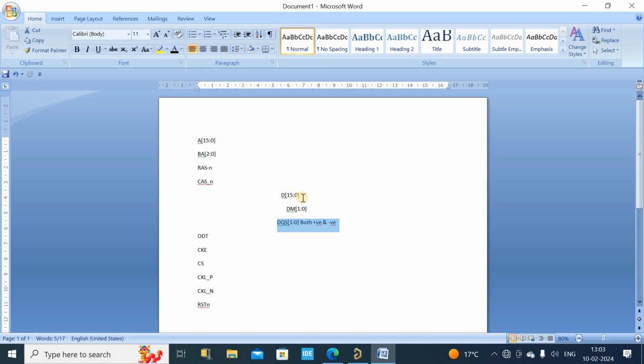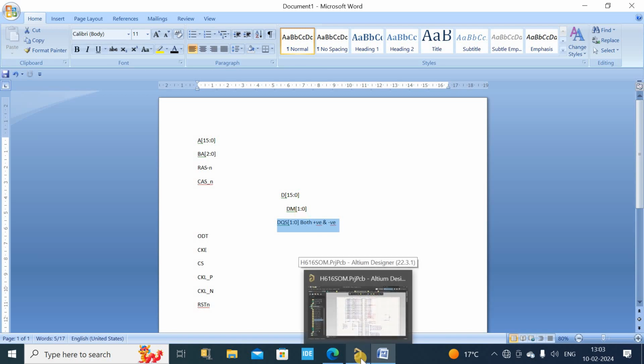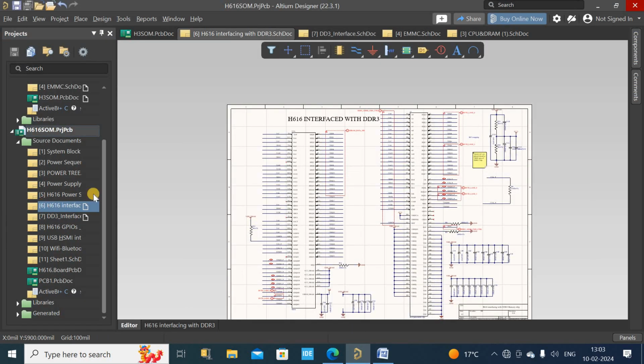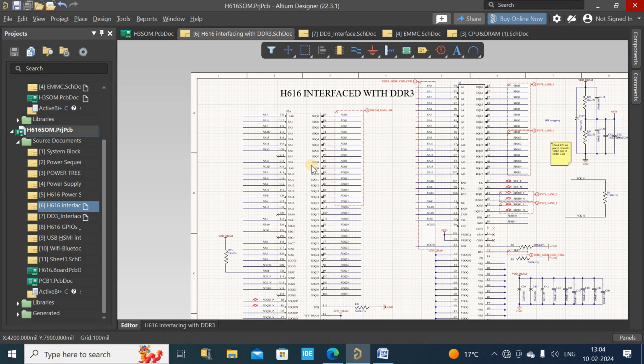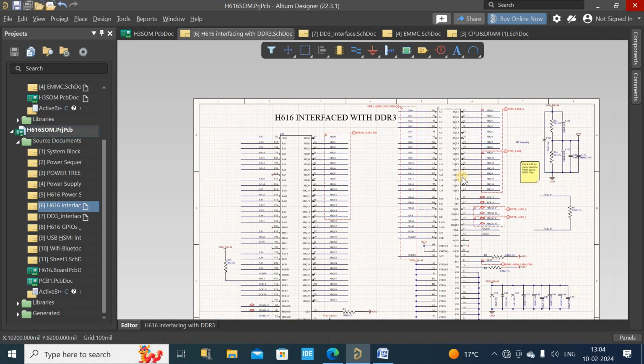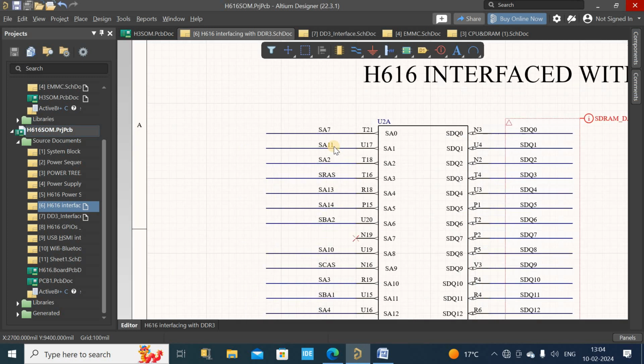So now let us move over to the actual interfacing of DDR3 chips with our SoC, which I have already done. Let me open up my Altium Designer here. So on the left side, I've got the SoC, and on the other side I have the SDRAM.